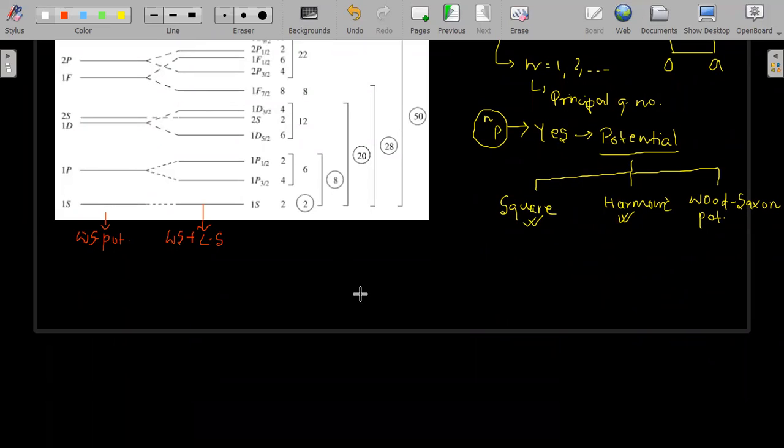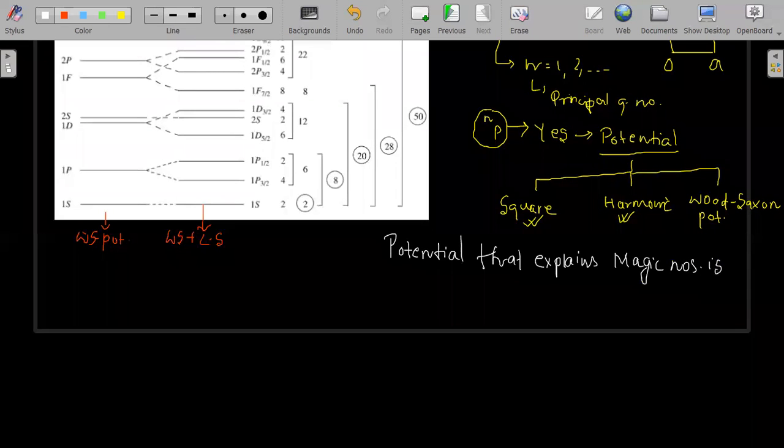Maybe I can make this note, which is important. Before we start, we should know what we are aiming for. The potential that explains magic numbers is the Woods-Saxon potential plus spin orbit interaction.